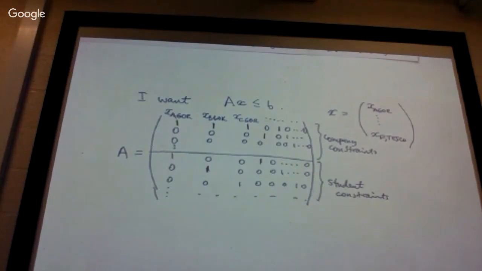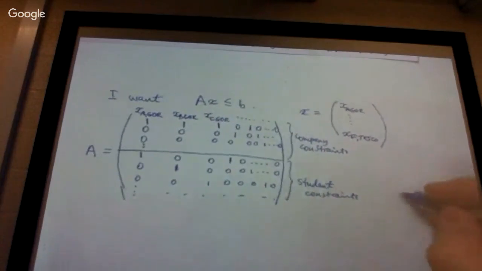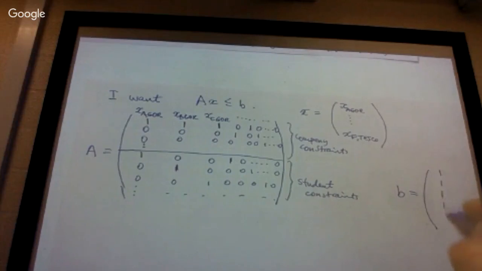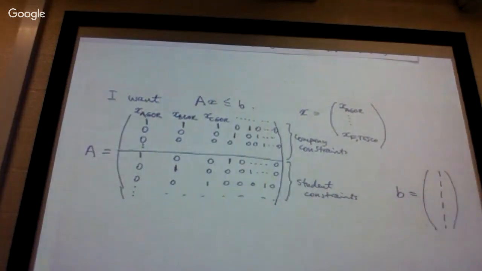And they're all less than or equal to 1, so the right-hand side b is just going to be all 1s. But that's not so important. What's important really is matrix A.